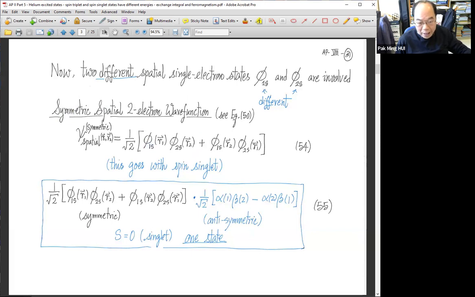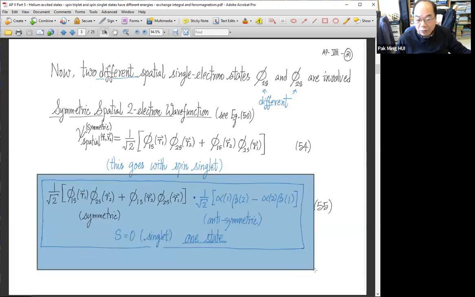So this is 1s, 2s, plus flipping the r1, r2 in the second term. This is automatically symmetric, okay? But I want to emphasize here, this is the spatial part. Fine. This is the spatial part symmetric, just like our ground state. It goes with the spin singlet. That will be total anti-symmetric. One state.